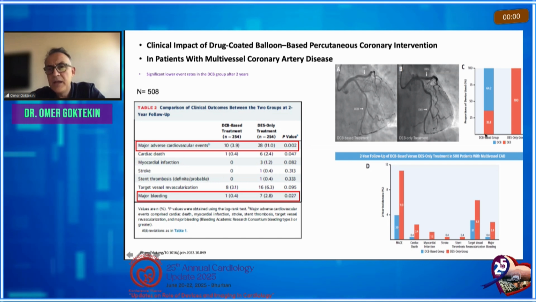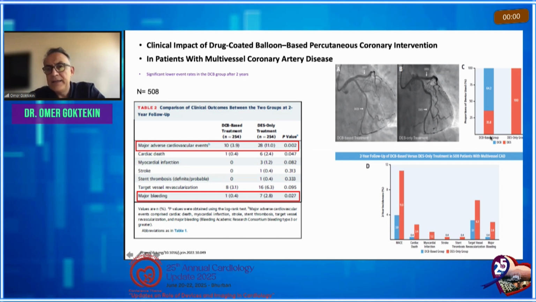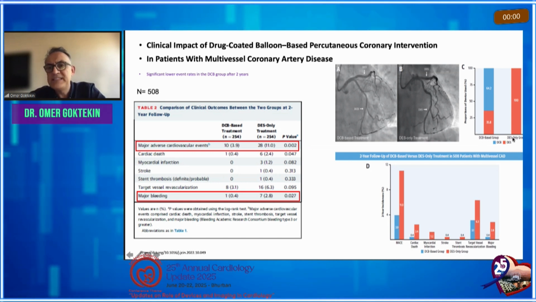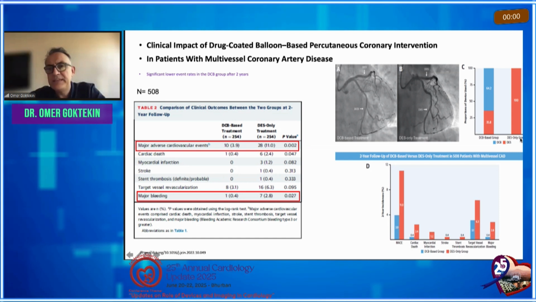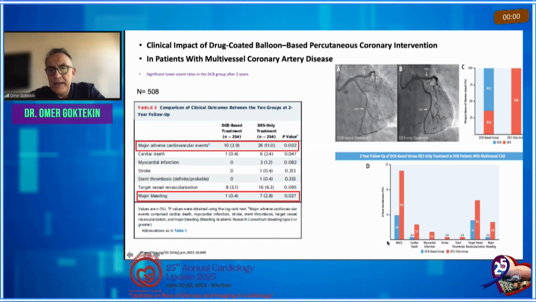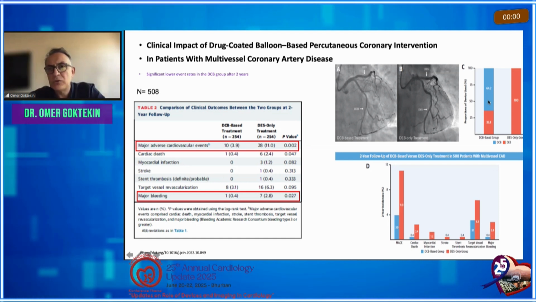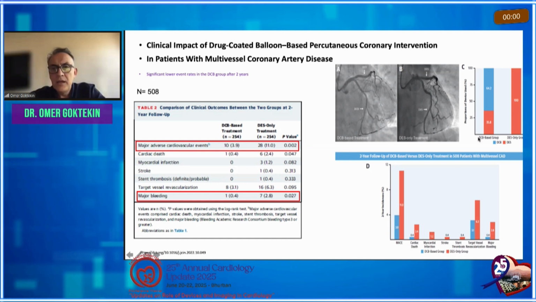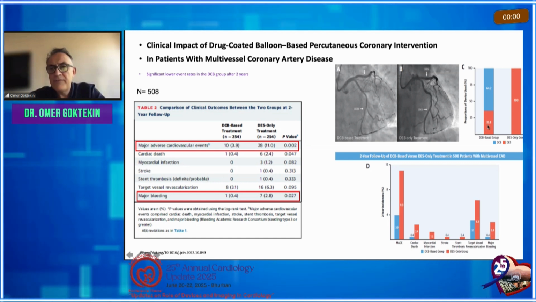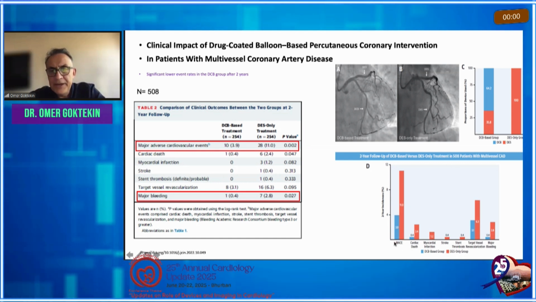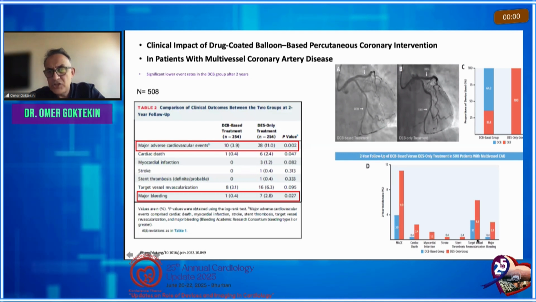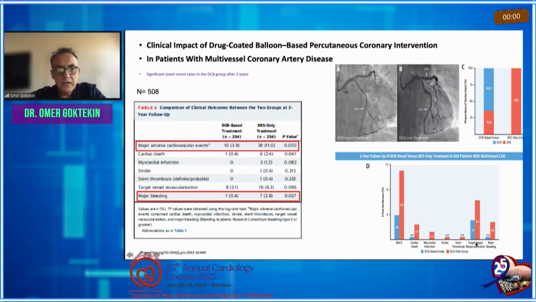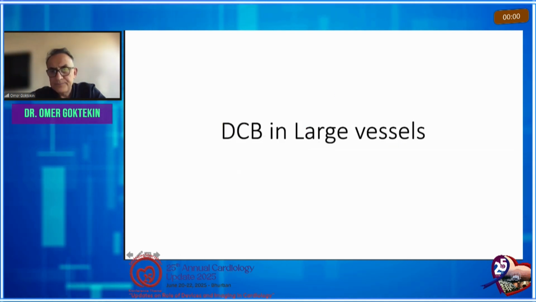If you see here, especially, they compared the DCB-based group and the DES-only group, with 64 patients DCB only, but 35 DCB plus stent. And here you see that we have a bleeding advantage and a target vessel revascularization advantage as well.